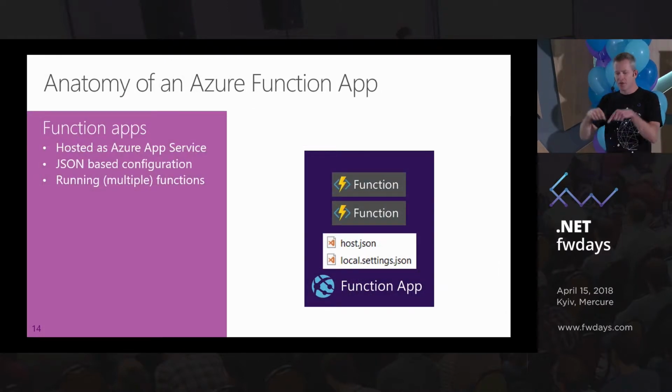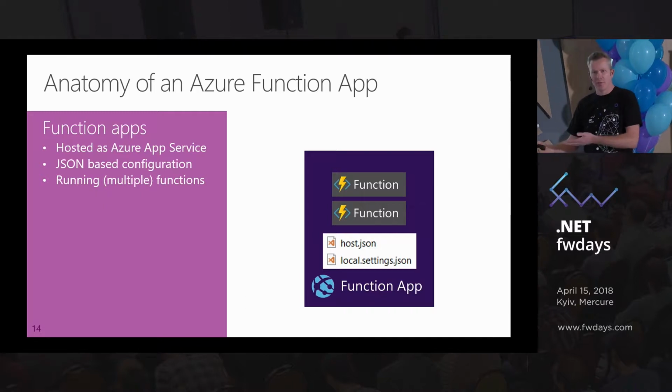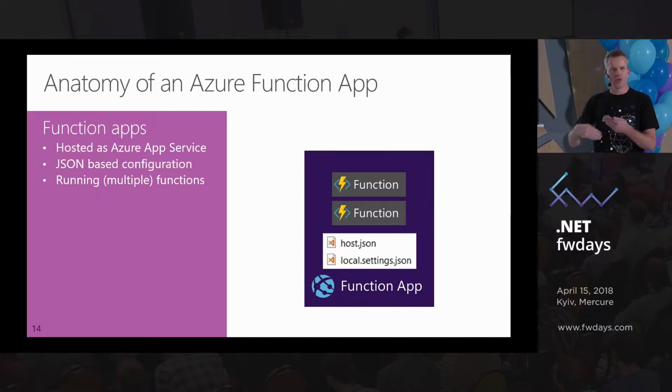If you look inside of an Azure function, I think it's always good to know what it's running on. You'll find that it's an Azure App Service. So it could be a web application that would be running there, and it has all the things underneath that you can also find if you deploy a web application to Azure. It has some JSON-based configuration about the hosting.